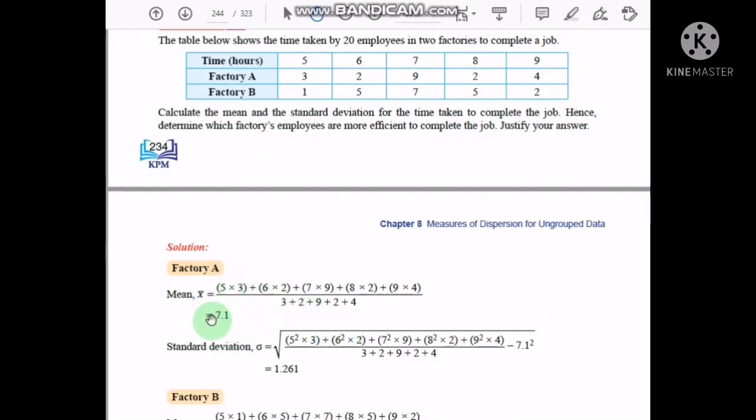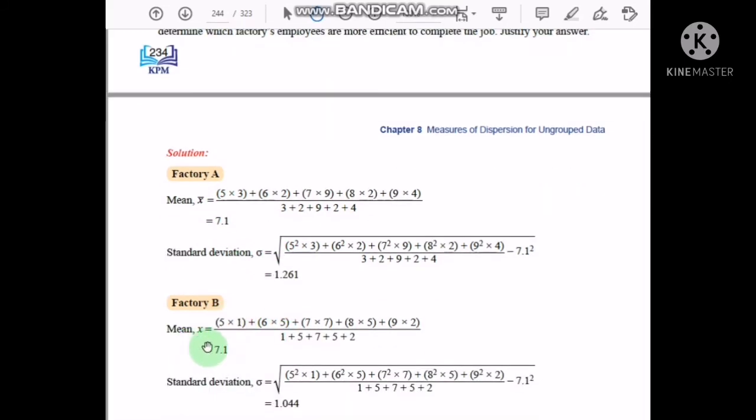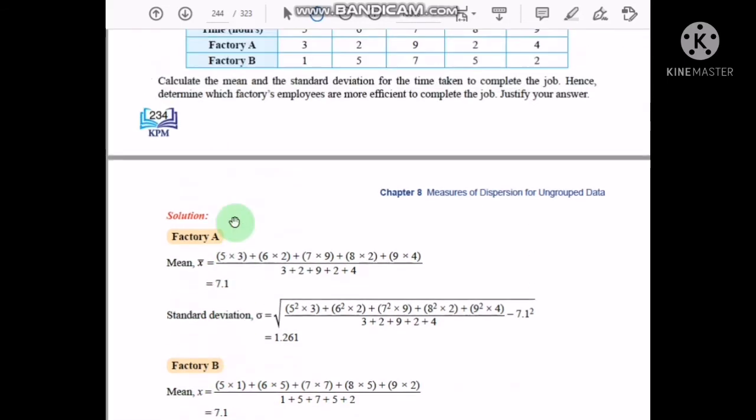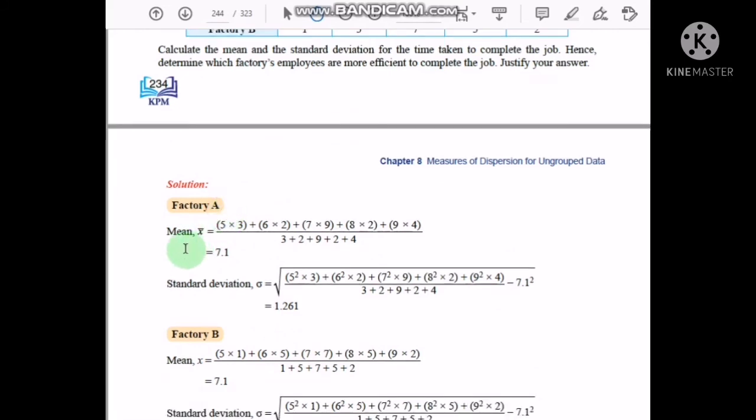And then after you calculate, this is the result and this is the result. And then for factory B, the mean is 7.1, and the standard deviation for factory B is 1.044. So the mean is just the same, so we cannot determine which factory is more efficient based on the mean only. You need to look at the standard deviation.